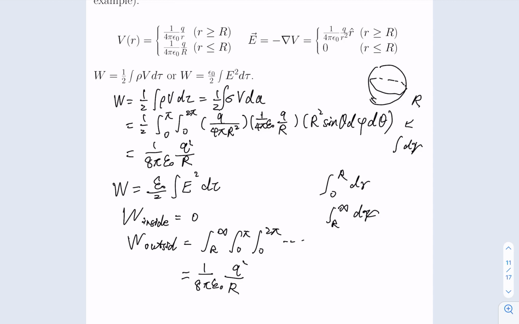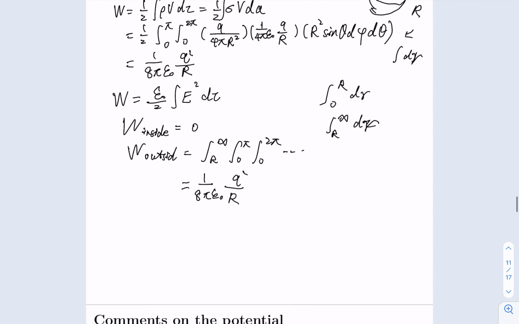In the later part, you might appreciate why the energy is really stored in the electric field itself instead of the charge. But we won't talk about this until later.